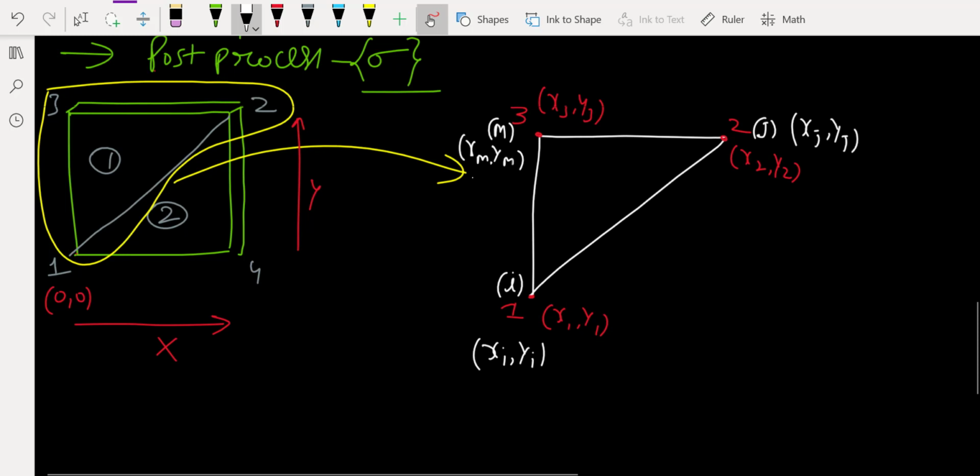And this is actually very simple, because you already have the lx and ly information.